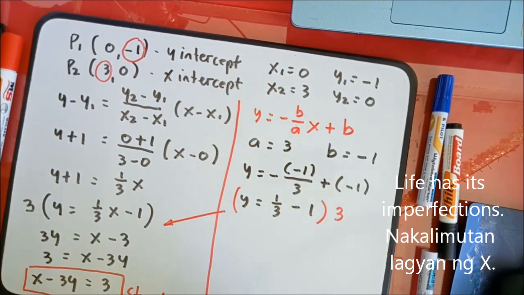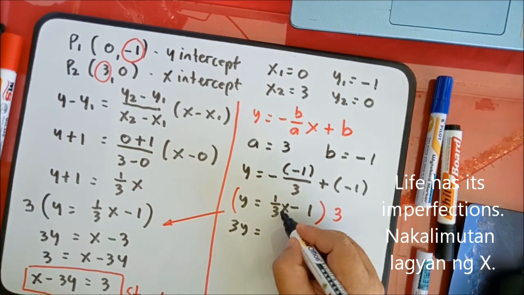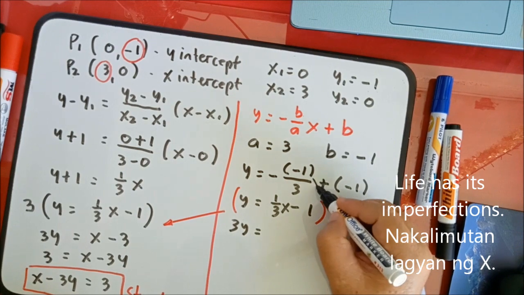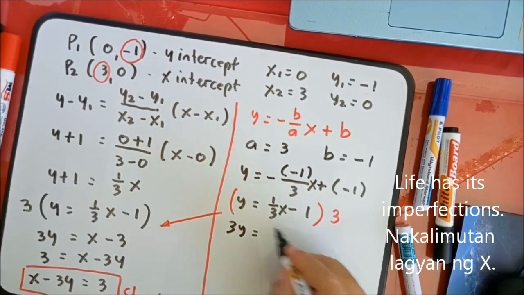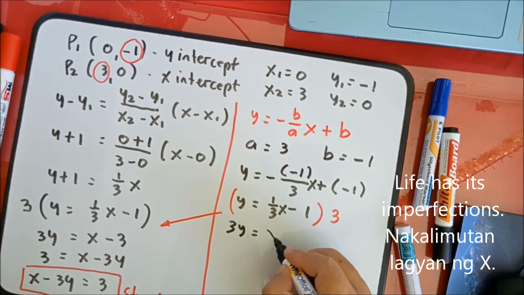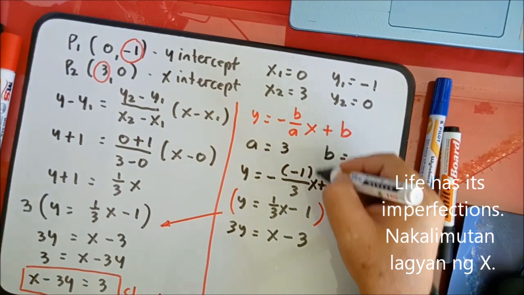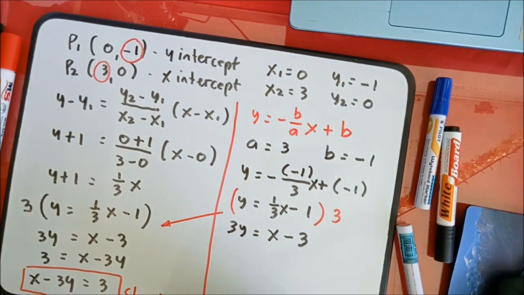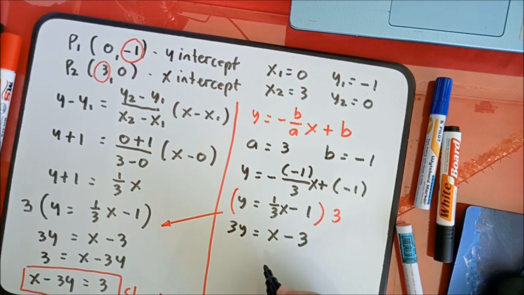So, magiging 3y is equals, oh sorry, there is an x here. Sorry. Okay. Then, 1/3 times 3 will become 1x, then negative 3. Meron tayong x, nakalimutan ko lang, no? Sa formula natin. Okay, now, how will you transpose this? How will you convert this to the standard form?